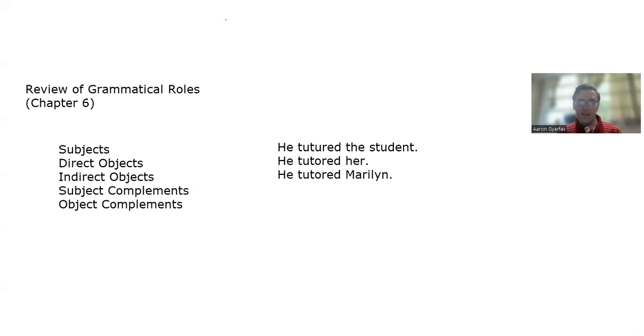So here we have the same noun phrases, the student, or a pronoun, her. This time it's an object pronoun because it's the object. Or it could be a proper noun like Marilyn. The same kinds of noun phrases, but now those are the direct object. They are not the ones doing the action, they are receiving the action. So those will be your direct objects.